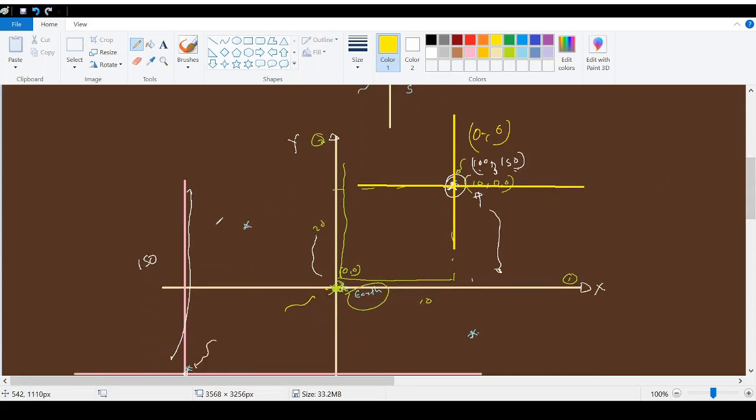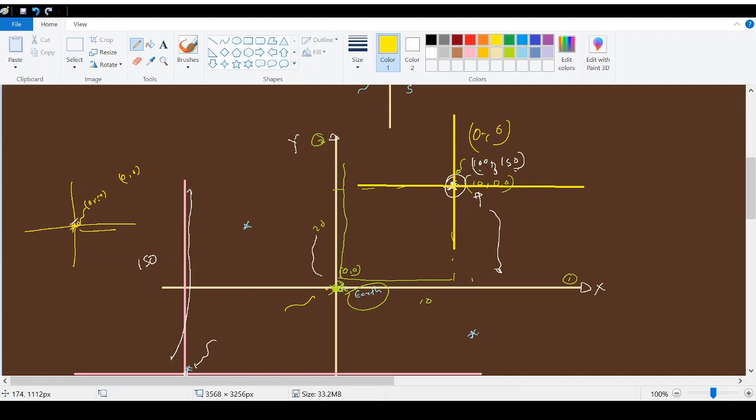So for the Cartesian system, what we do is we choose a particular place as the origin, and then draw two perpendicular axes that intersect at this chosen point, and we name this point the origin, and give its coordinate as 0, 0.